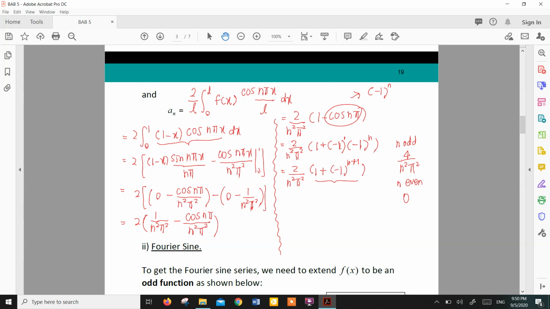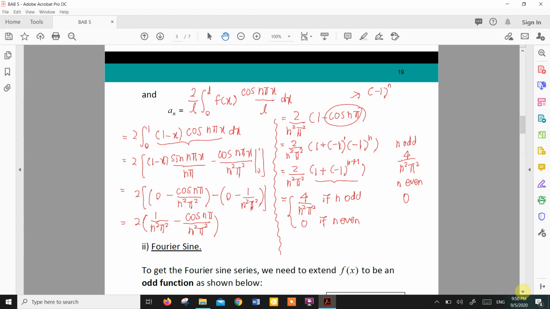So now you have 2 different cases. You will have a piecewise function: an is 4 over n squared pi squared if n is odd, and 0 if n is even. Since an is 0 when n is even, we can simplify the function when n is odd.